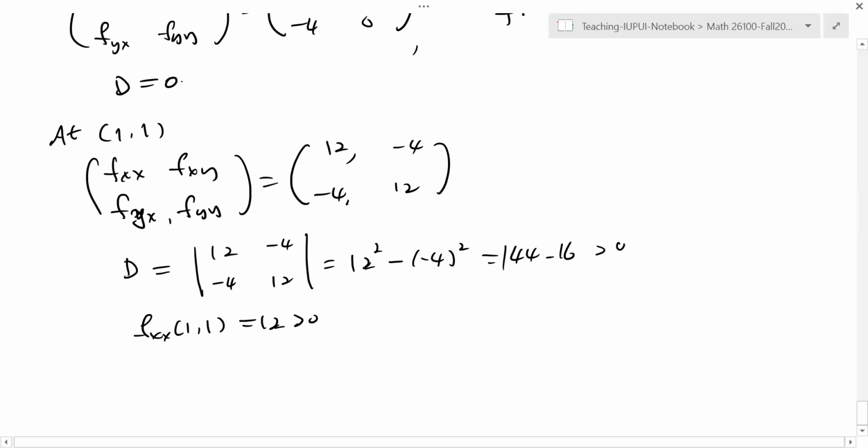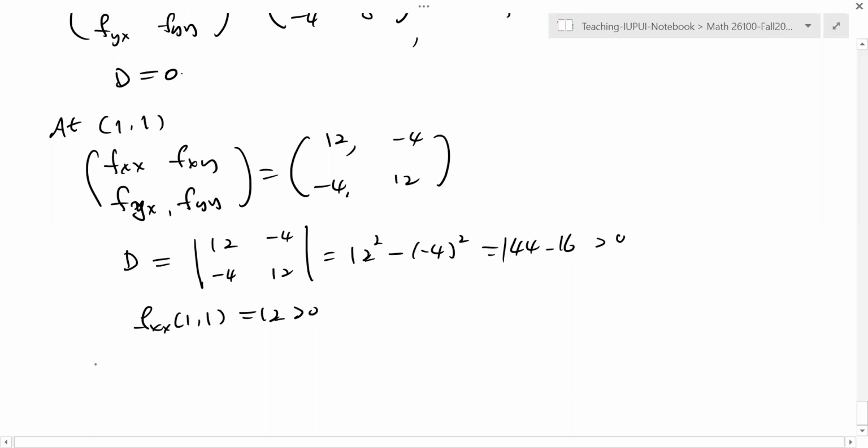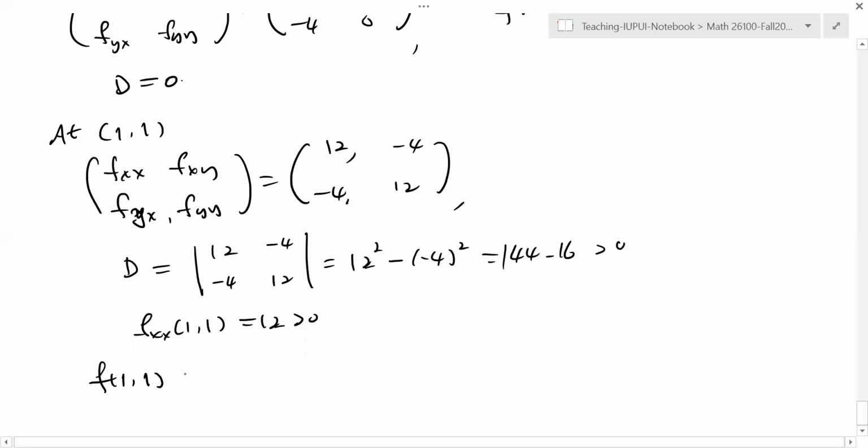So that implies F(1, 1), let's calculate the value. This is 1 to the fourth power plus 1 to the fourth, minus 4 times 1 times 1, so it equals -2.